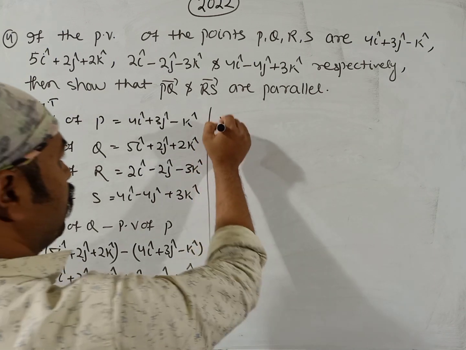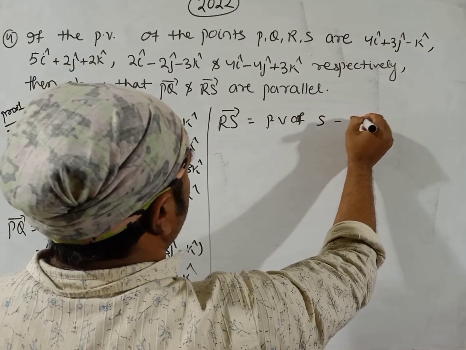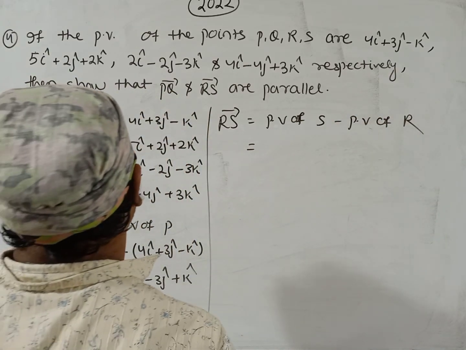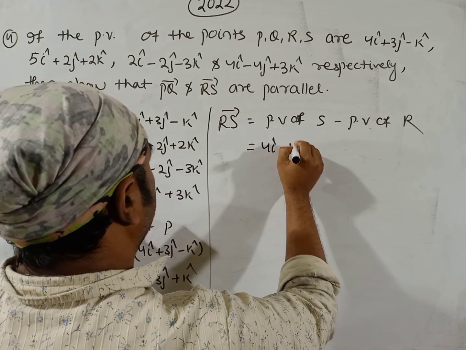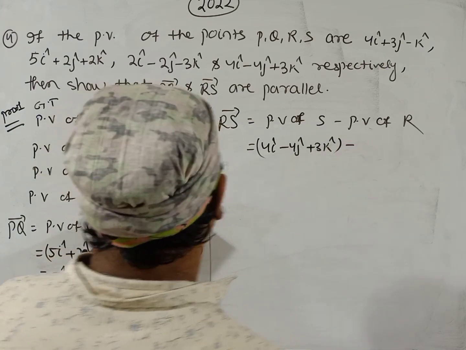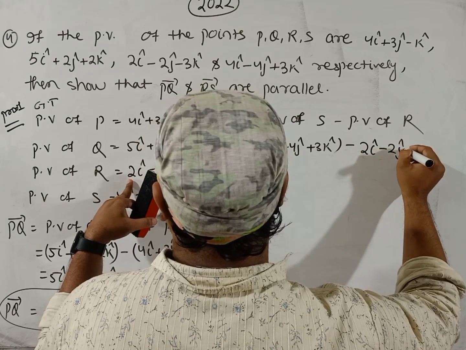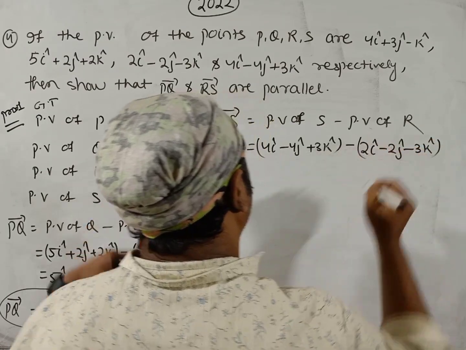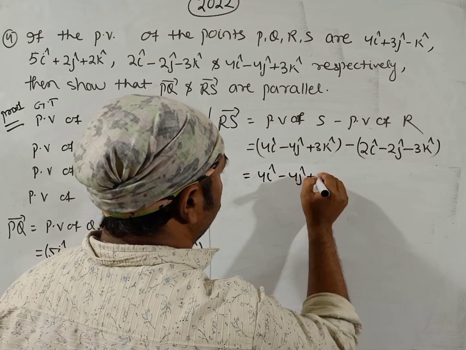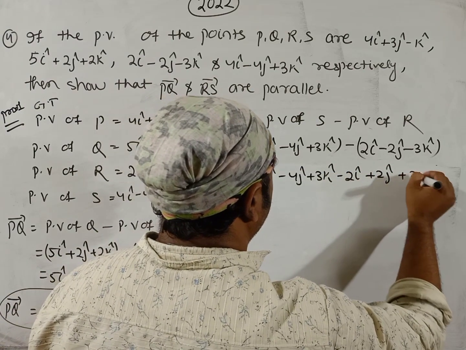Then RS vector. Position vector of S minus position vector of R. Position vector of S, here it is 4i cap minus 4j cap plus 3k cap minus position vector of R, 2i cap minus 2j cap minus 3k cap. 4i cap minus 4j cap plus 3k cap minus 2i cap plus 2j cap plus 3k cap.